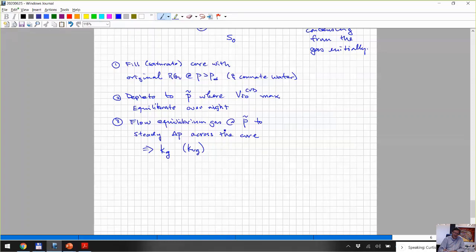And you'll know the saturation from the PVT of the gas condensate, the VRO of the CVD at P tilde, times 1 minus water saturation. So that gives you the oil saturation and the KRG. That one point. It's something like that.